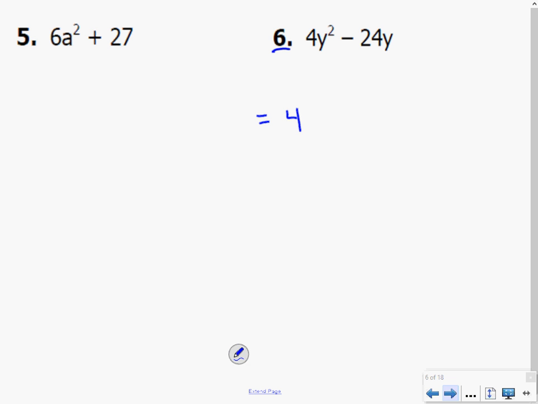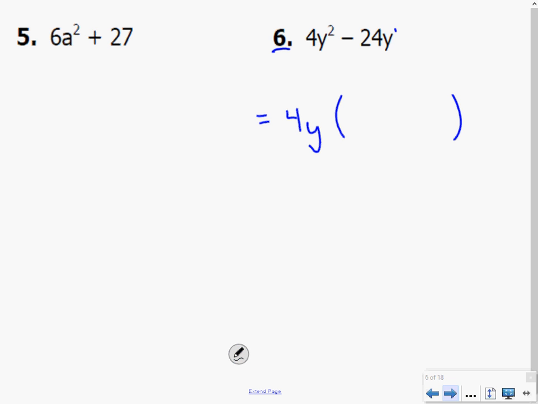Now, the rule for variables is you can only factor out the lowest power of that variable. So we have a y squared and a y to the first power. So the smallest power of y is just y to the first power, or y. So not only are we going to factor out 4, we're also going to factor out a y. So that makes up my GCF.